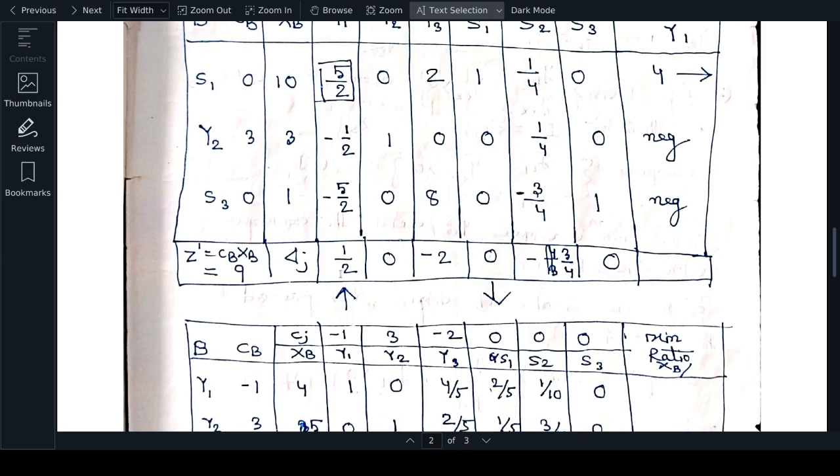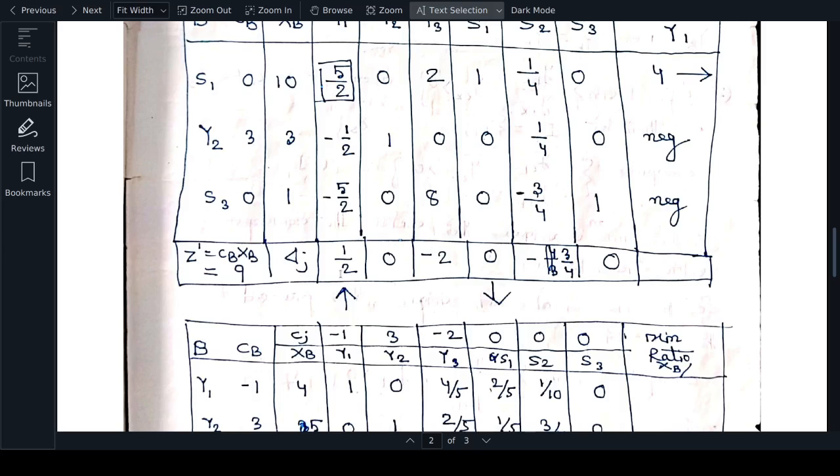Here you see, in the second table, the first row is our minimum ratio row. So when we calculate the second row and third row in the new table, we compare with the first row. Okay, so calculate the second row in this way.